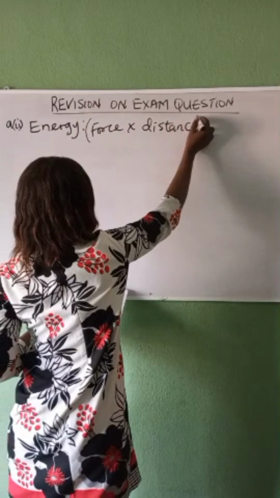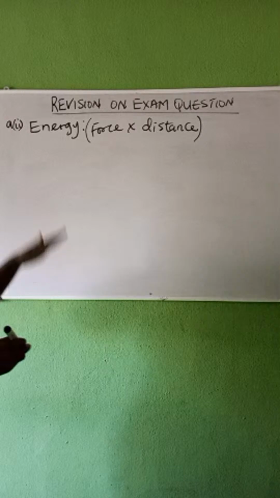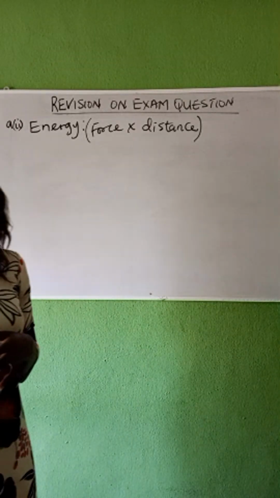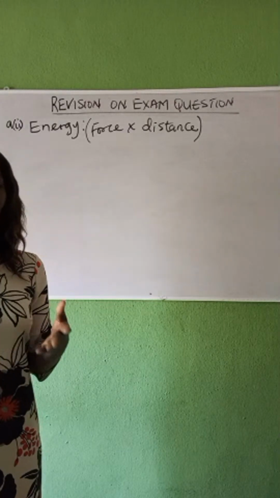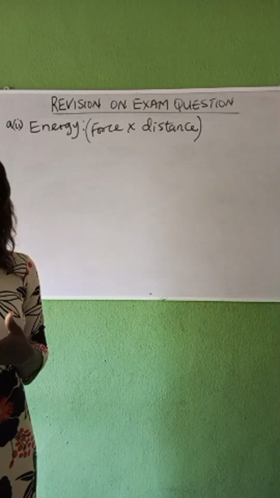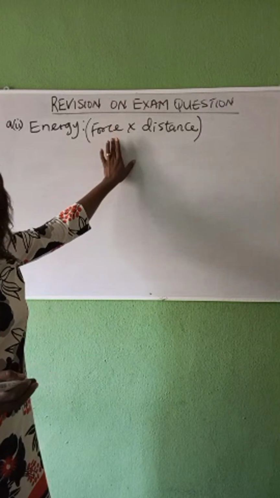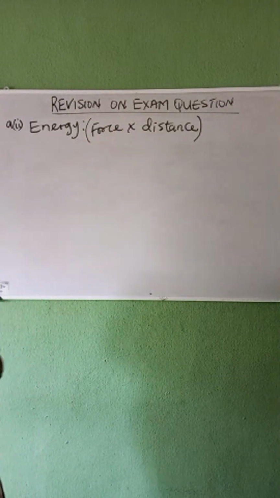Distance. Okay, so how do we solve this? How do we get the dimension of this energy? The first thing you're going to do is to get the formula for work. Sorry, for force, multiplied by that of distance.